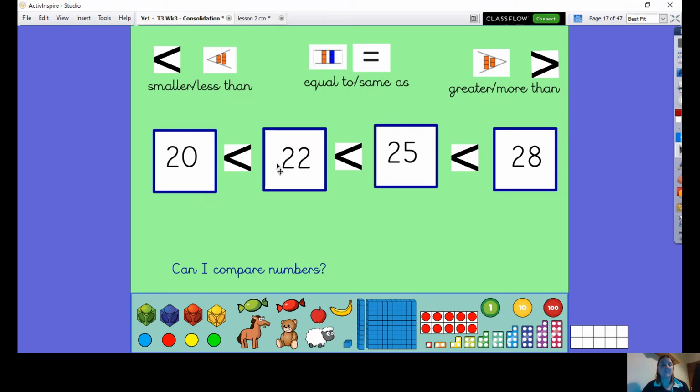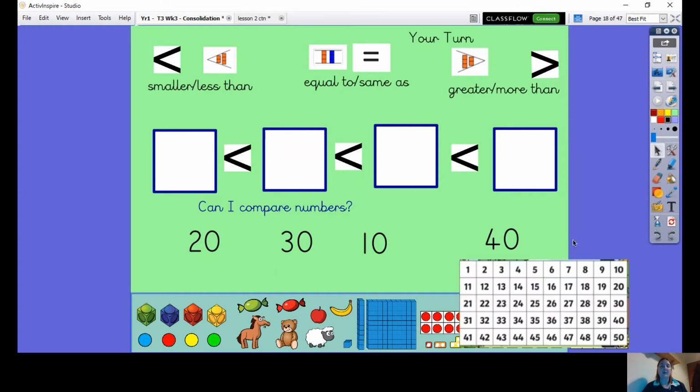So in this case, because I've got less than in each of them, it's like ordering them from the smallest up to the biggest number there. Okay, so thinking about that, I would like you to see if you can order these numbers. So again, smaller than, smaller than, smaller than. See if you can put these numbers in the right order.